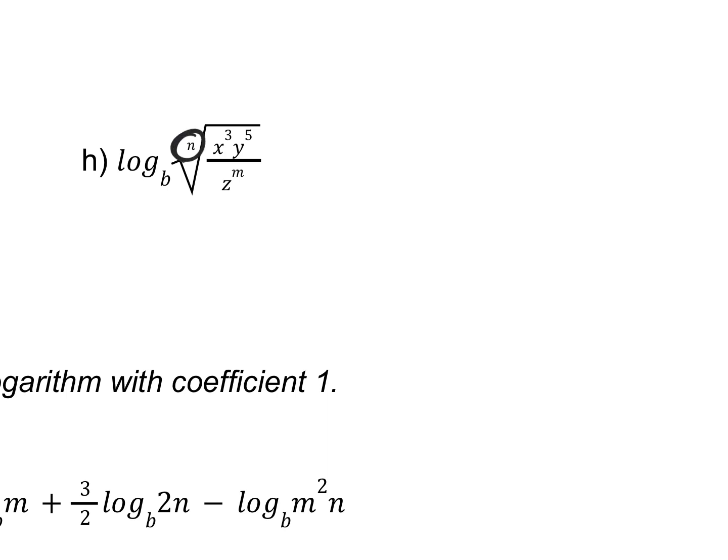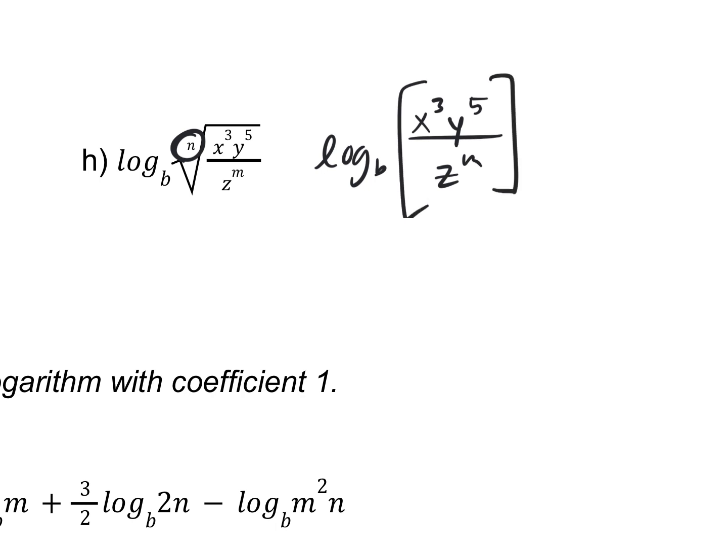If I have the nth root of x cubed y to the 5th divided by z to the m, could I rewrite that with my stuff underneath the nth root raised to a power? Instead of the nth root, 1 over n. Do you guys agree? I said it really fast.